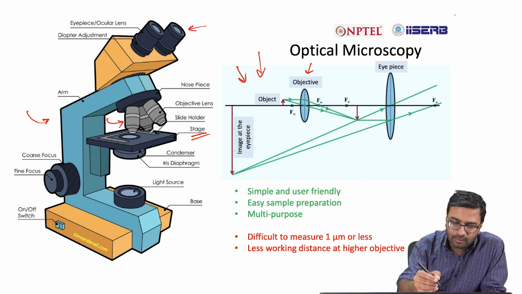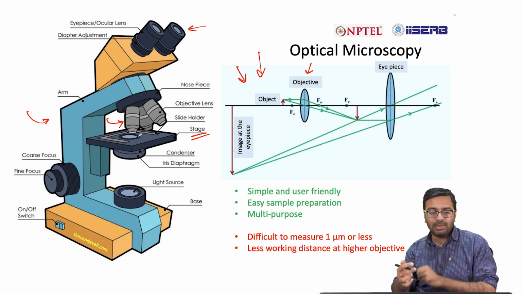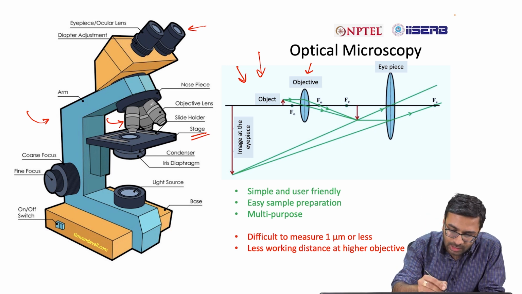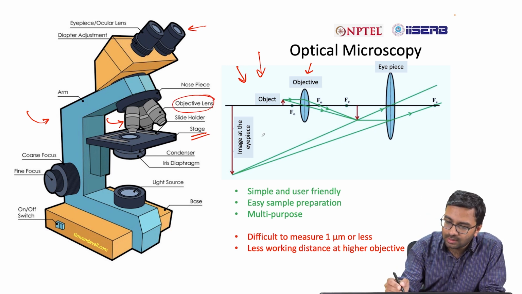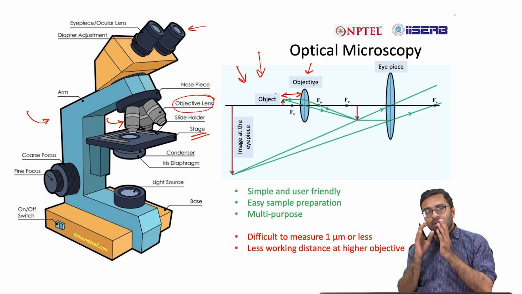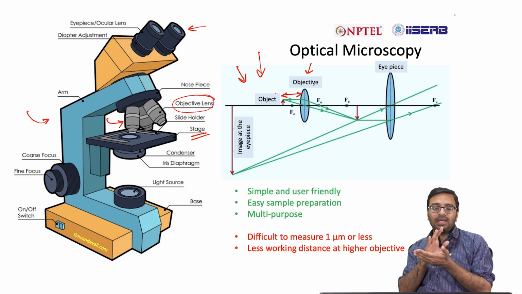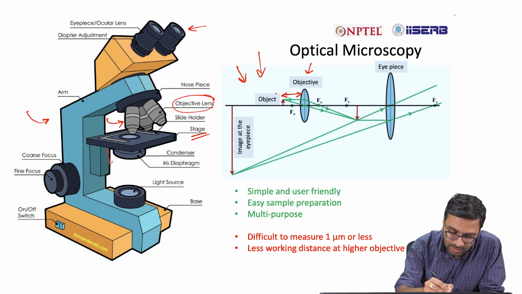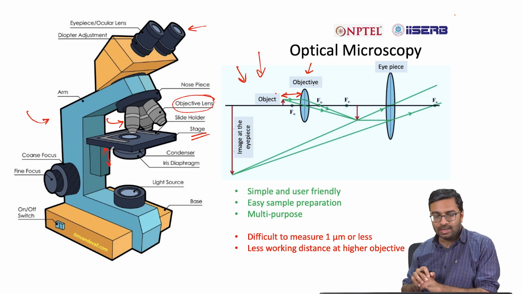Then you can focus this object just by changing the distance between the objective lens and the object. So you need to figure out what should be the distance between the object and objective, so that the image is focused and you get a clear picture. So you can move this stage up and down in order to focus that.